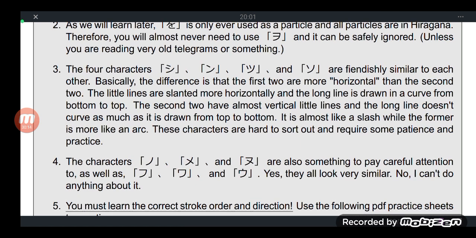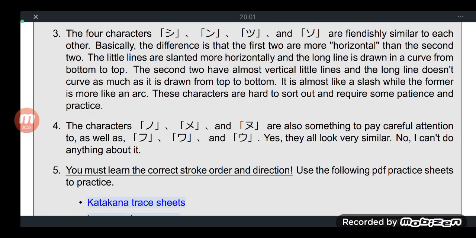The four characters shi and so, shi and tsu, are fiendishly similar to each other, so you have to be very keen on the differences. The characters no, me, nu are also something to pay careful attention to, as well as fu and wa.